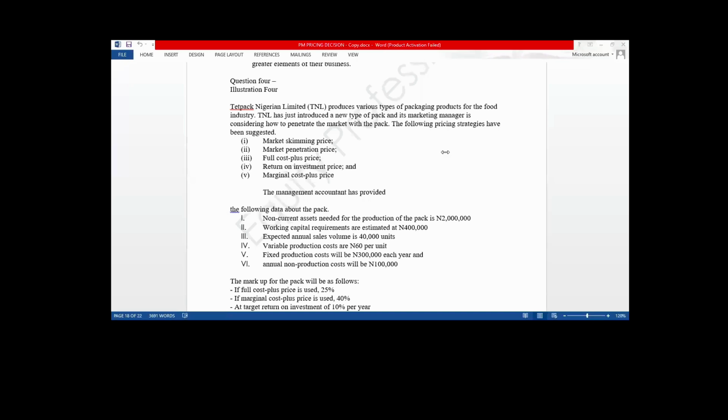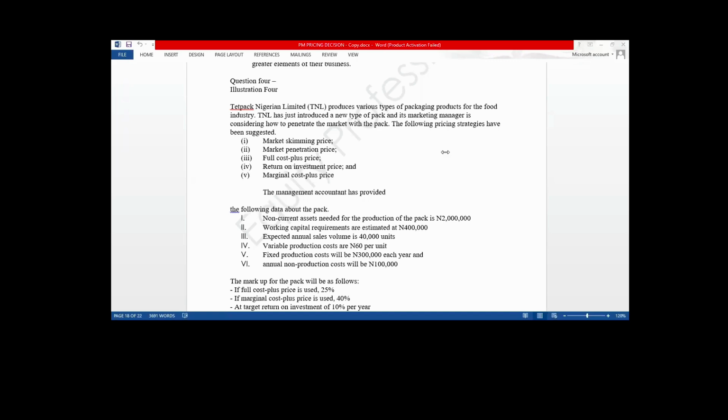Then the percentage return will be added to the total cost in order to determine the price of the product. This method is mostly used for planning purposes and to meet the expectation of the investor. All right, thank you, Ablatif.